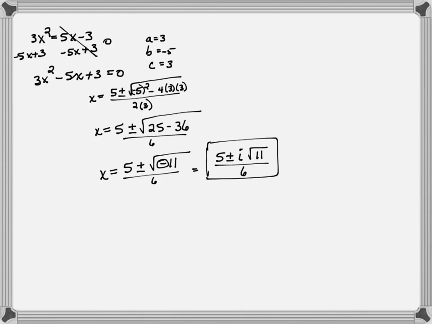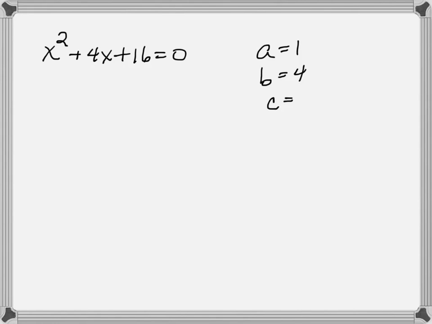Okay. Now my next example is x squared plus 4x plus 16 equals 0. So a is 1, b equals 4, and c equals 16.